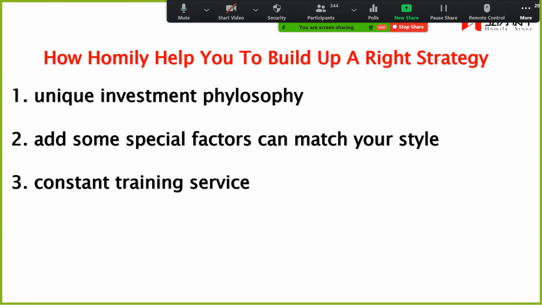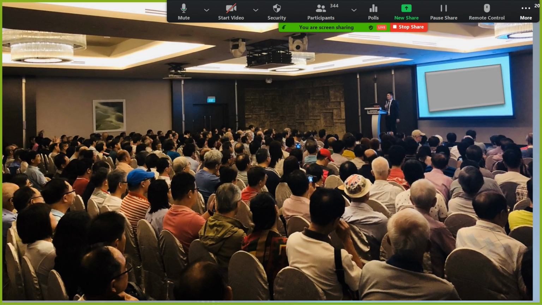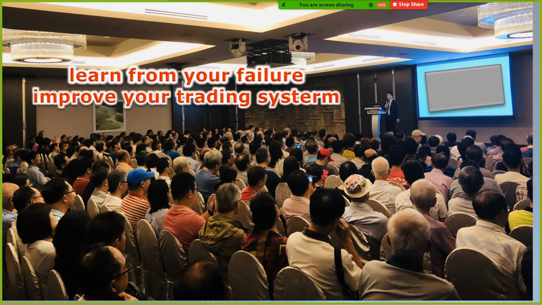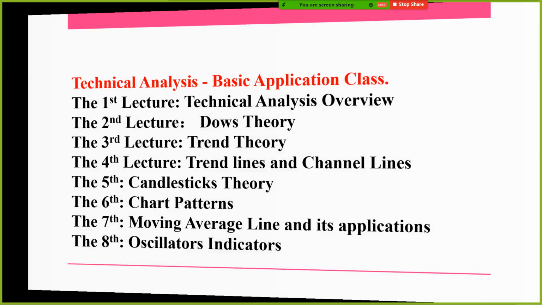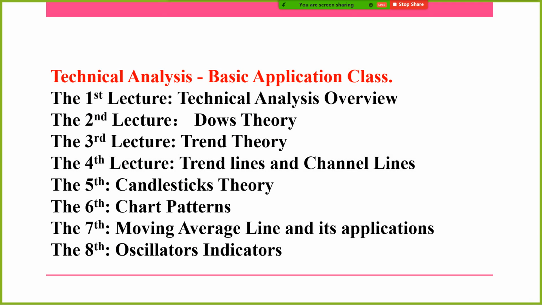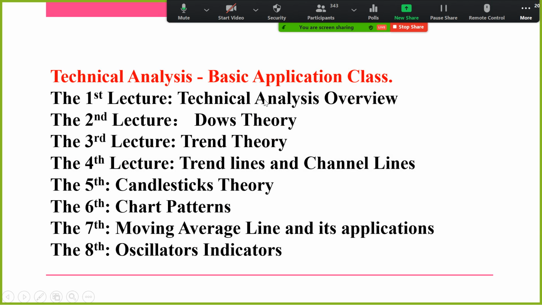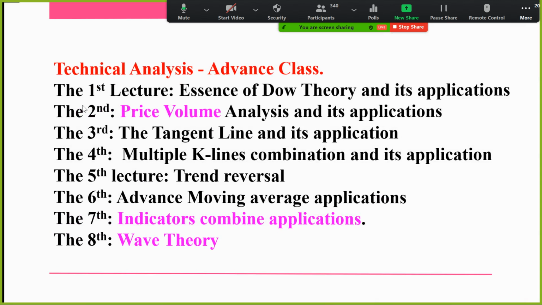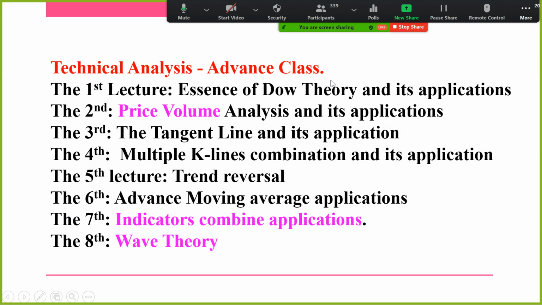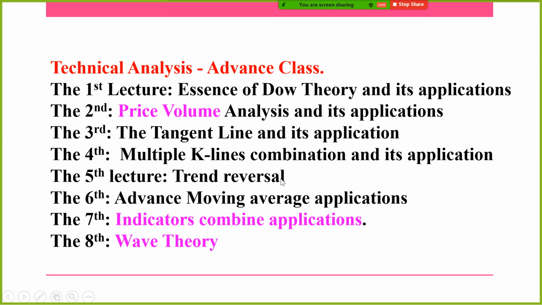What is the constant training service? Because we provide not only software but also the training service. We provide you the basic technical analysis like the Dow theory, trend theory, candlestick theory, chart pattern, oscillator. We also provide the high level technical analysis like price and volume, the basics of wave theory, trend reversal.